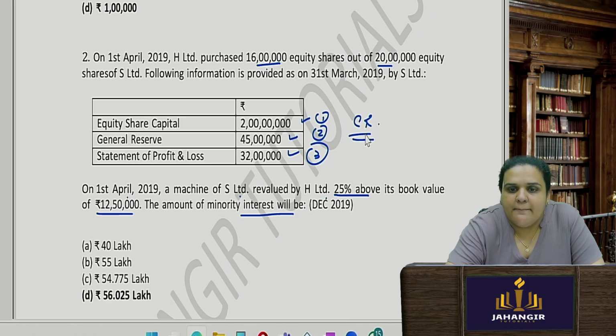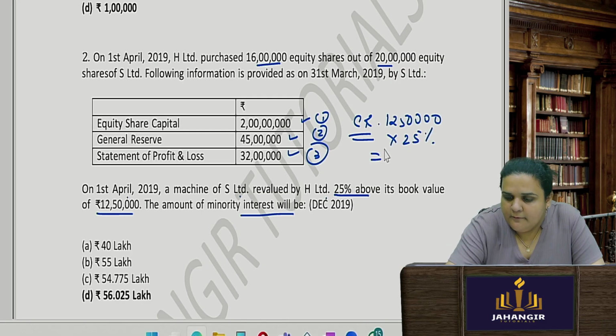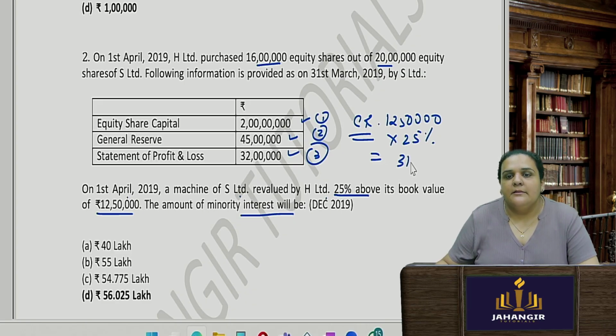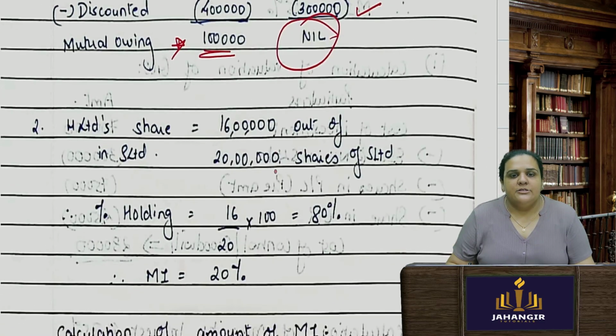How much will be capital reserve? It will be 12,50,000 into 25%. How much will that be?